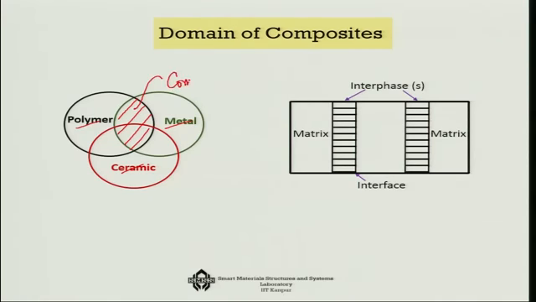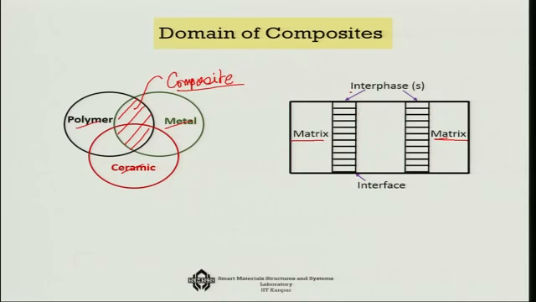In a composite you will generally find two different phases. The phase which is more in terms of volume we call the matrix phase. It holds the entire system's integrity.